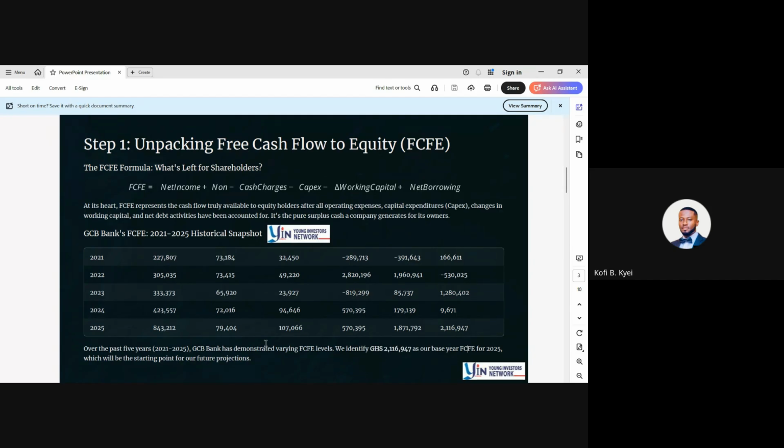So this comes to the end of the free cash flow for the past period, 2021 to 2025. It's net income plus non-cash charges. You take out CapEx, you take out change in working capital, then you add back net borrowing.